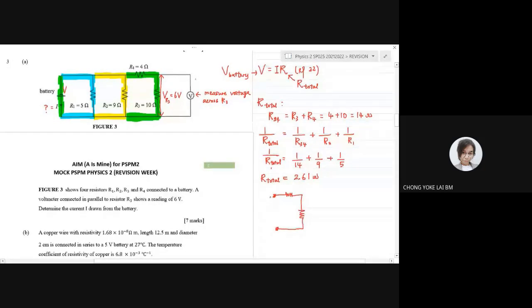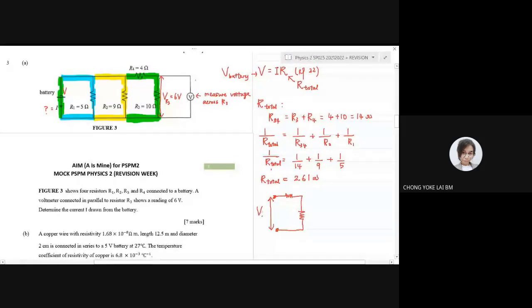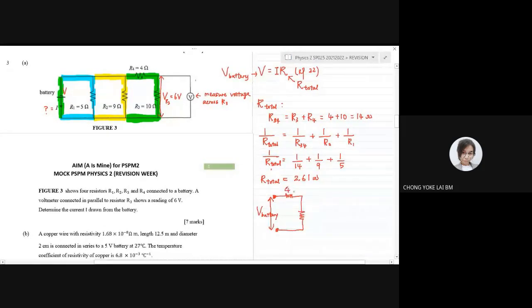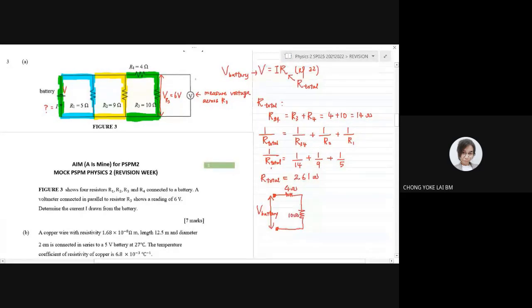See? So bahagian ni adalah voltage of the battery. V battery kita. So our voltage of the battery is given to 4 ohm and 10 ohm, which is connect in series.